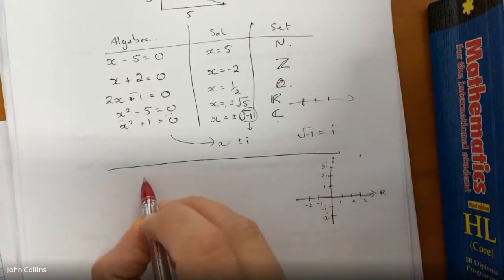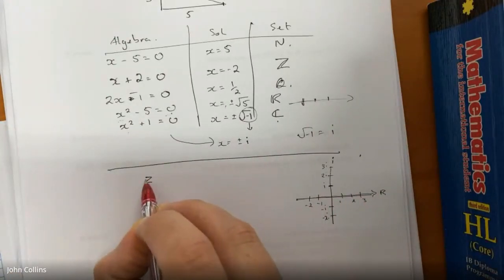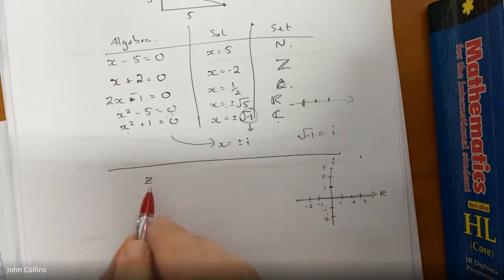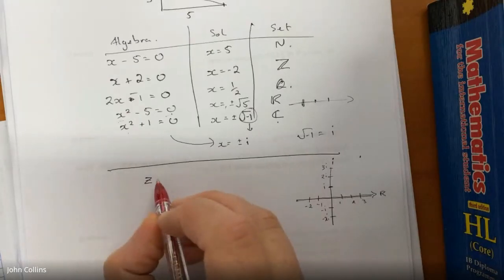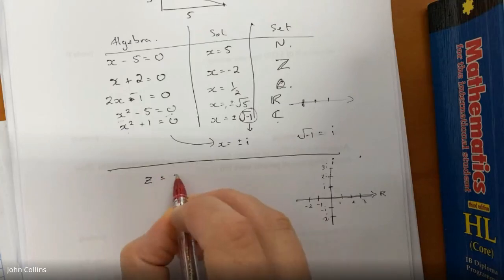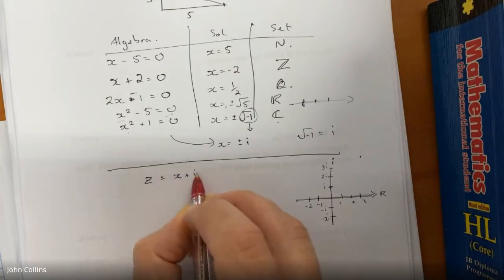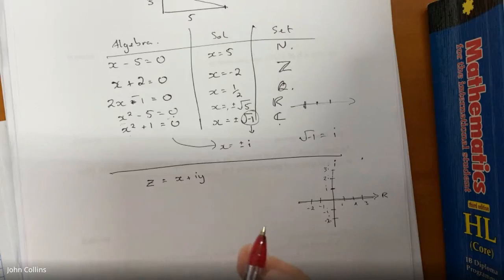If we write a complex number, usually z is used. You can put a little line through the z if you want, the only reason being to distinguish it from a 2. If you want to use that always when you use complex numbers, you can. They are written maybe x plus iy or a plus ib.